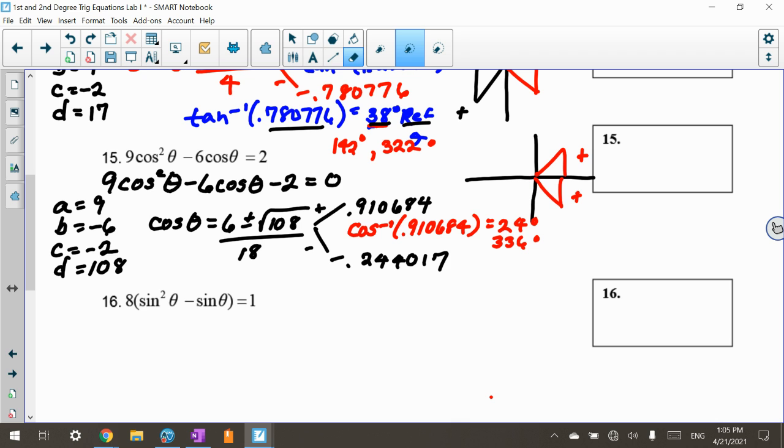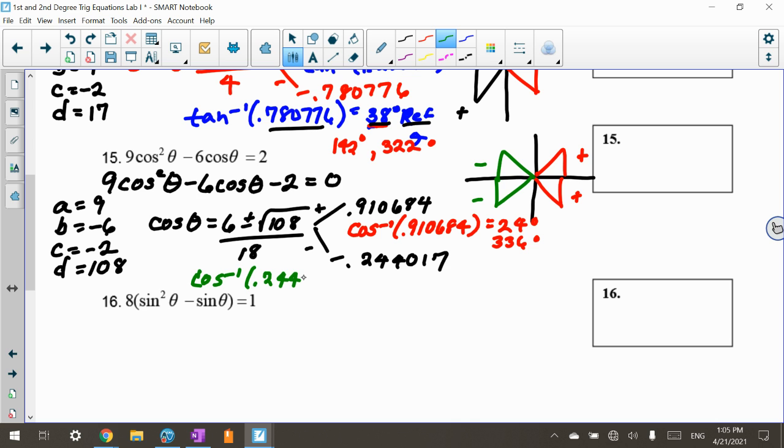Again, I'm going to show you this same thing. I have a negative number, okay? I do know that cosine is negative here and here, quadrant 2 and quadrant 3. So in my calculator, I'm going to do inverse cosine of the positive 0.244017 to find my reference angle.